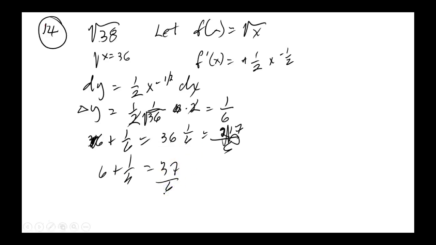But how did you get it out of the denominator? Well, this is 36/6 plus 1/6, which is equal to 37/6. That's right, because the function was square root of x.